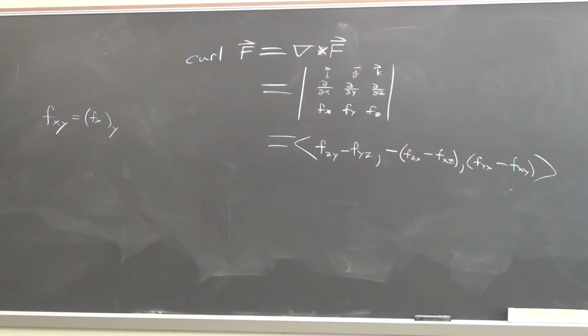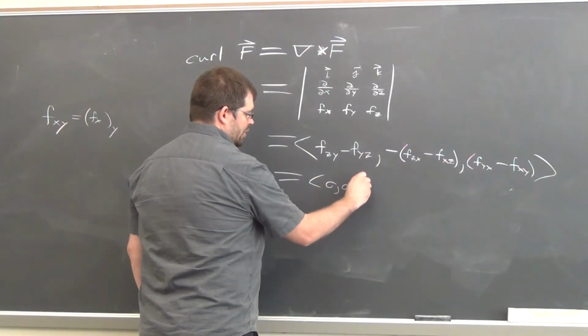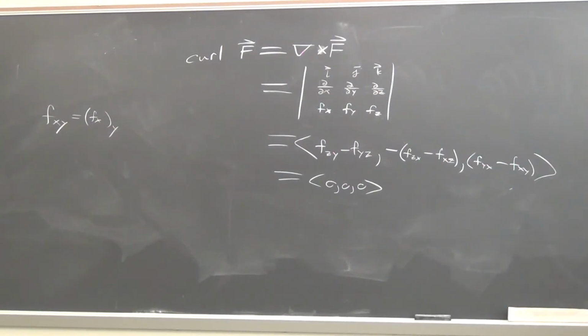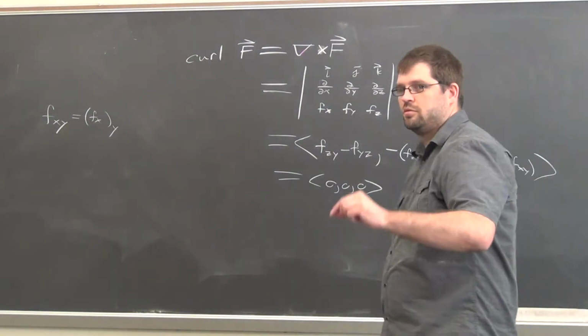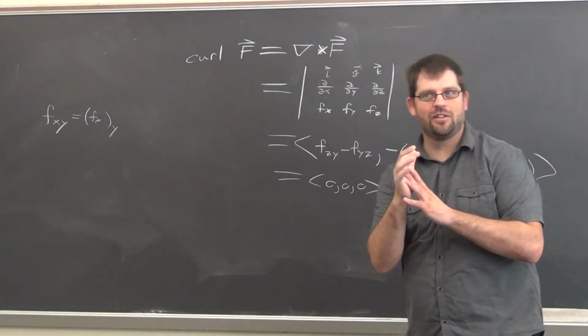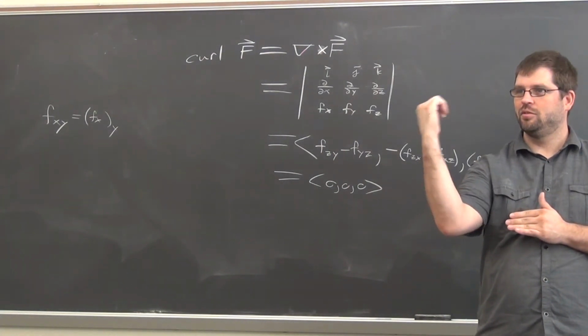Again, under some conditions, which almost every function you're going to encounter satisfies, these are all 0. So you get 0, 0, 0 for pretty much every function you're going to see. What did curl measure? You remember? Curl's a vector, right? You've got a vector field, and if you had a rotation, it points out of that rotation.